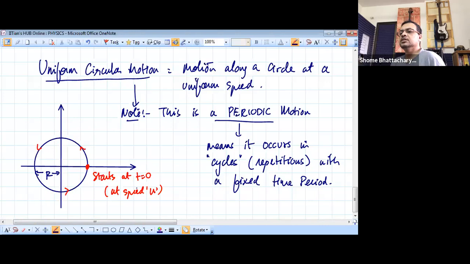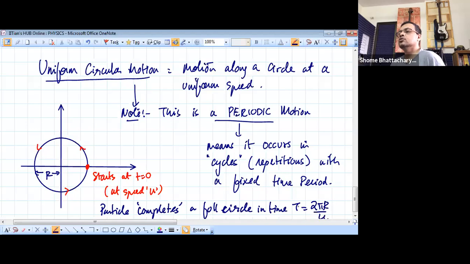So you see that if it's going with the speed u, the particle completes a full circle in time 2 pi r divided by u.